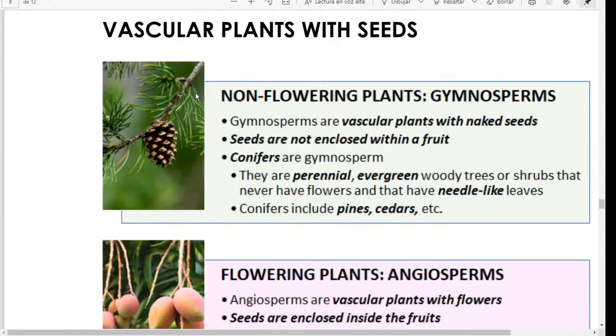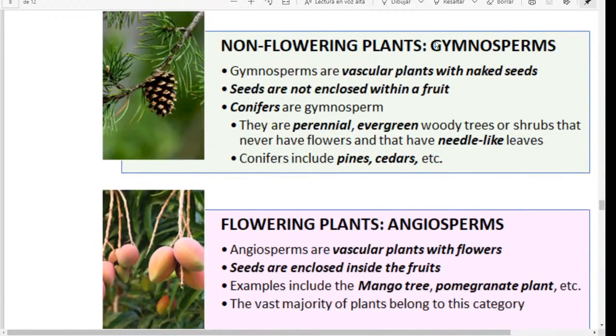Okay, so we have here vascular plants with seeds, and inside this group we have non-flowering plants. We know about that, non-flowering plants, and they are called gymnosperms. Remember that gymnosperms means naked seeds, and you have here three ideas.